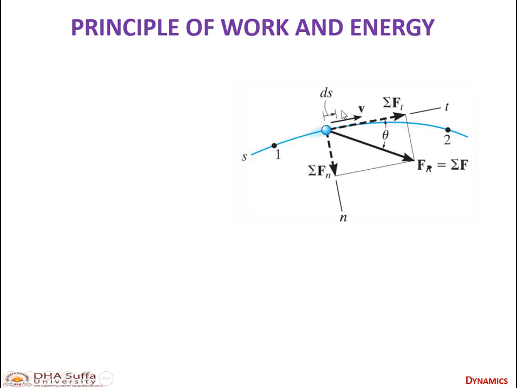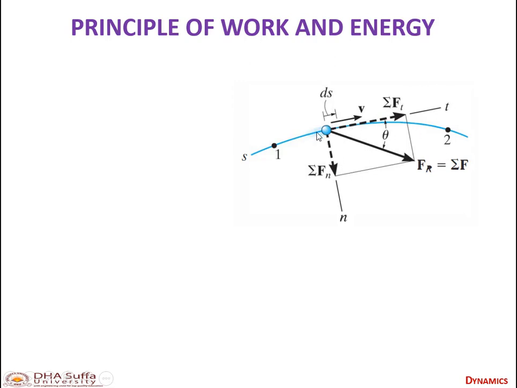So we have two forces, Ft and Fn, but in a real problem, this particle might be subjected to multiple forces, and Fr is basically the summation of all those forces. So we have the tangential component sigma Ft, representing the forces along the tangential direction, and sigma Fn, the normal component, representing all the forces acting in the n direction, and Fr is the big Fr, which is the sum of all the forces.